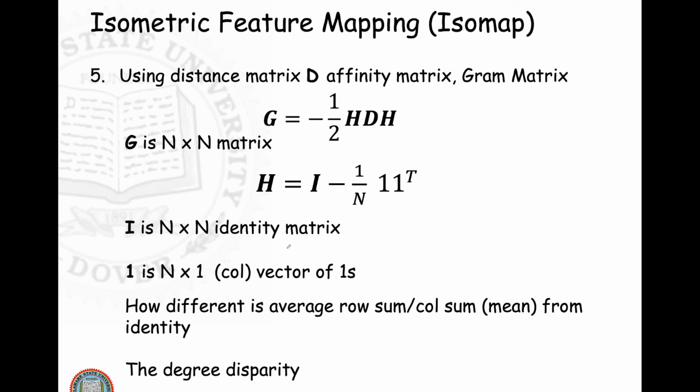It's minus 1/2, okay? And so what does this negation mean? Well, this negation says, we said distances are larger if you're further away. If you negate it, that's going to be a smaller number. Now, distances are closer if you're stronger affinity, right? If you're more connected, distances are going to be smaller. So if you negate, that means that smaller distances are going to be larger numbers.